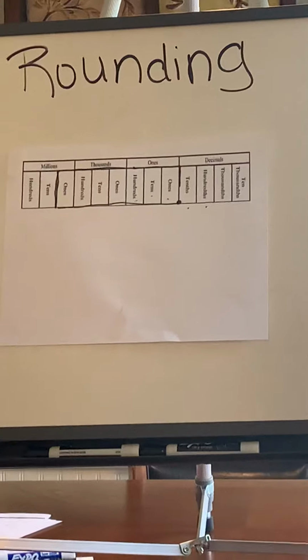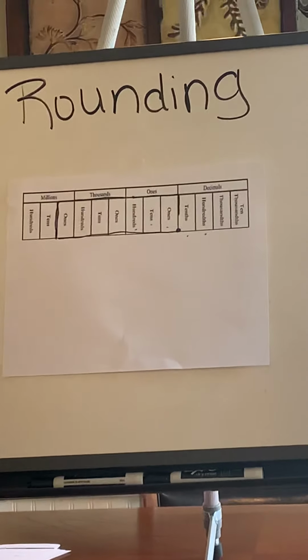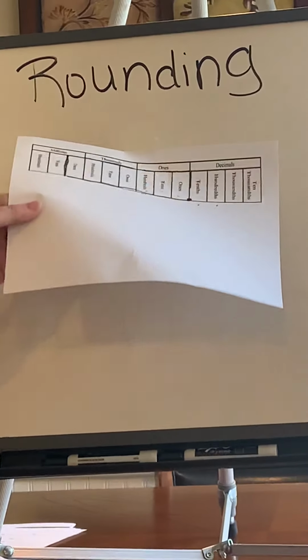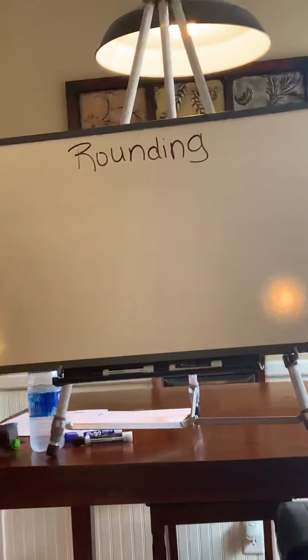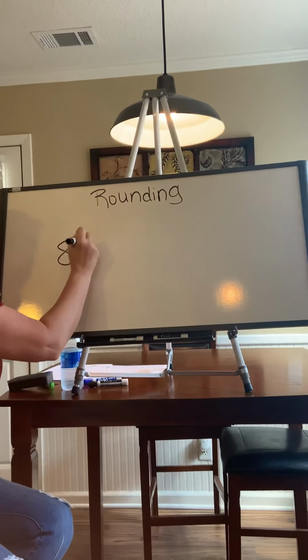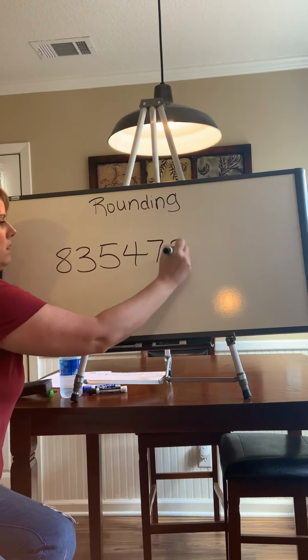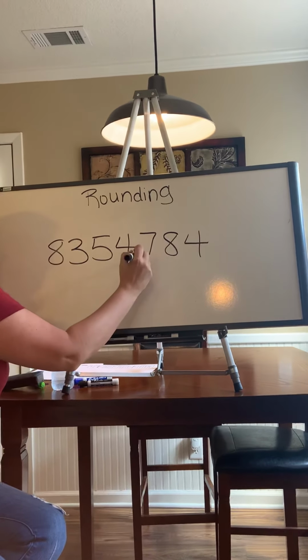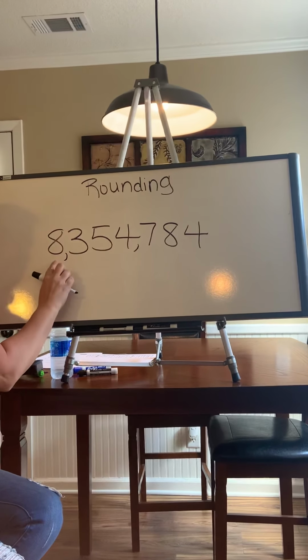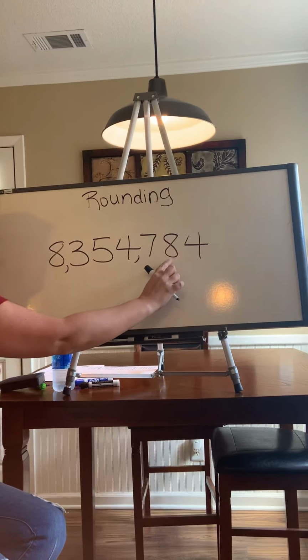And for those of you that I've been teaching, you know one trick that I've taught is to label numbers with the pattern OTH. And you also need to know your periods. So let's say we had the number 8,354,784.